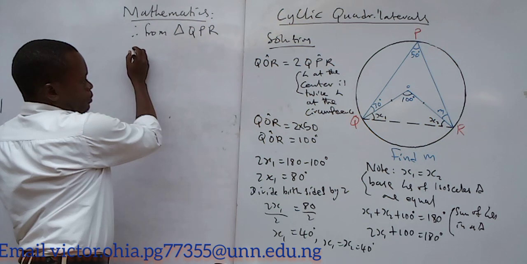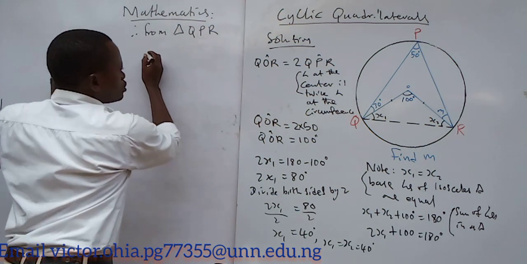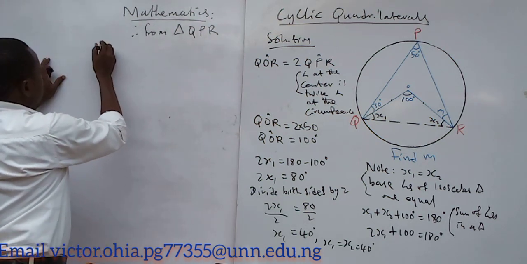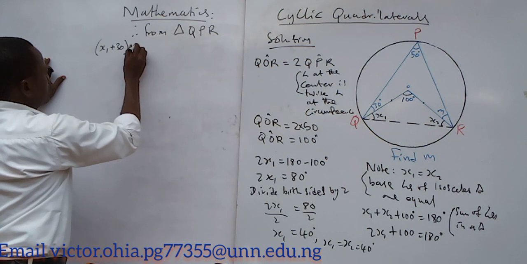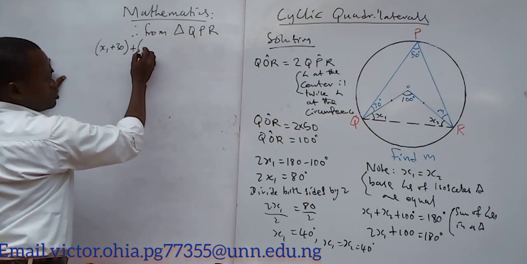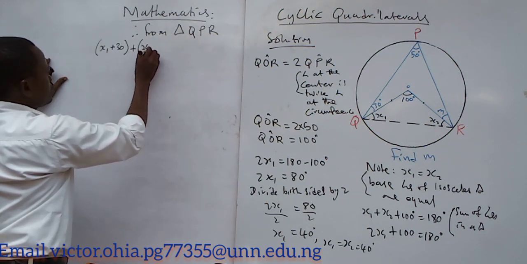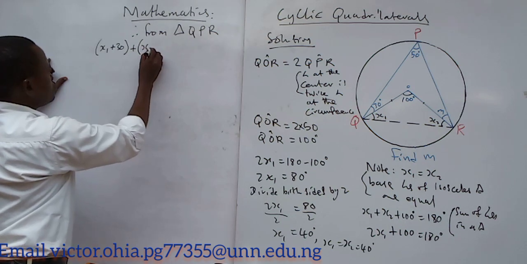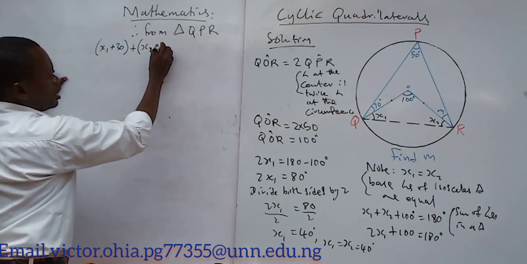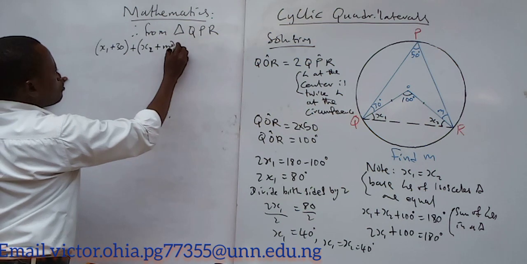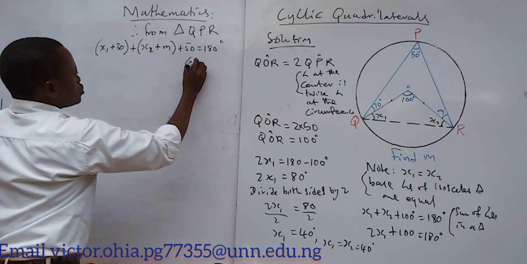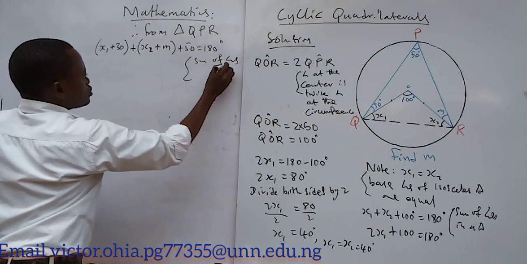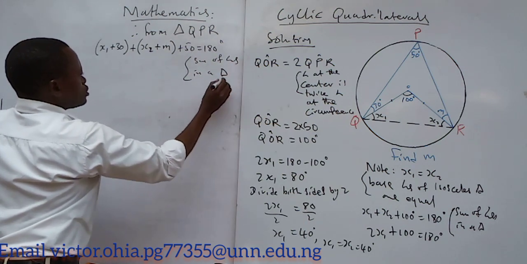So I can say, bracket x1 plus 80, plus bracket x2 plus m, then plus 50 equals 180 degrees, sum of angles in a triangle.